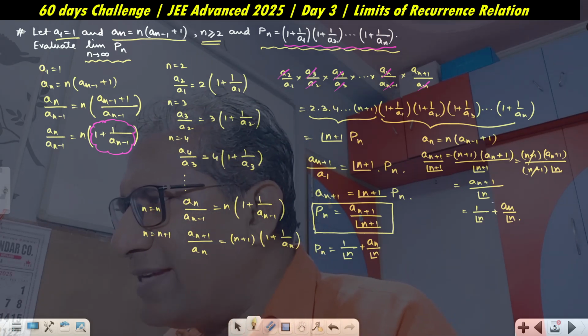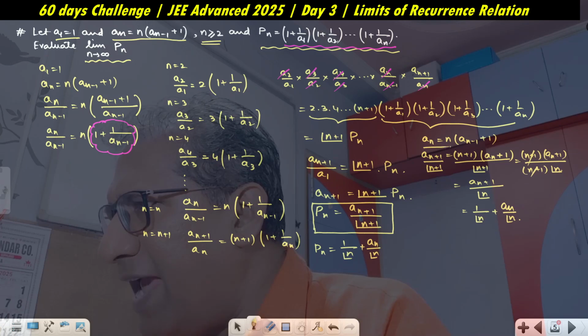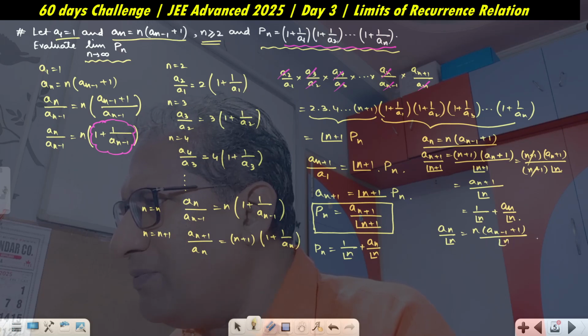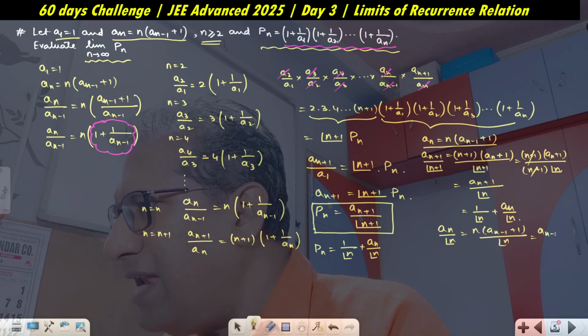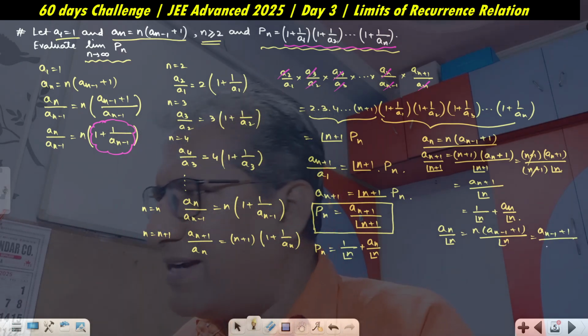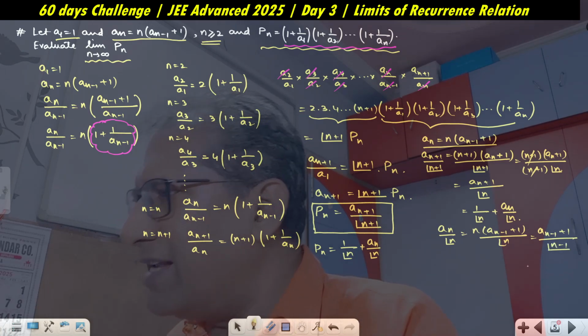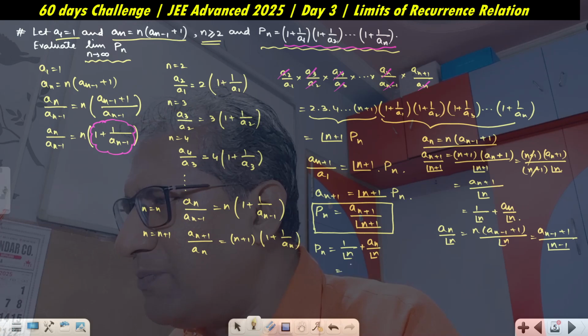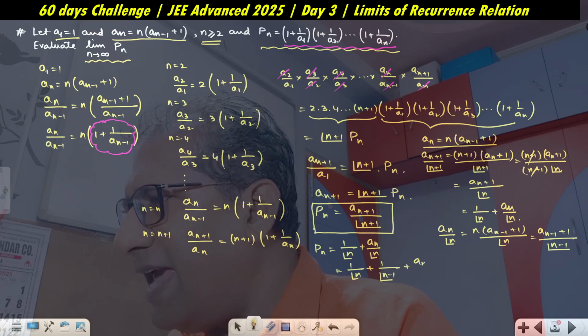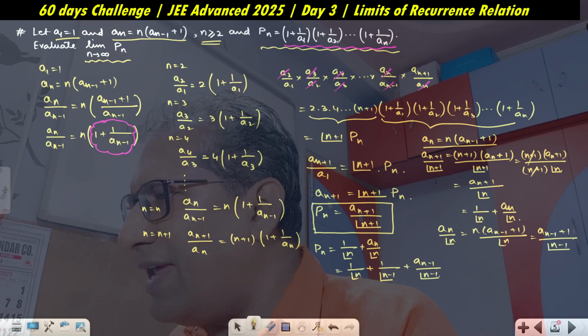Again, if we calculate, we can easily see we are having an is this. So what will be an over factorial n? This will be an minus 1 plus 1 divided by factorial n. So that gives us what? An minus 1 plus 1 divided by factorial n can be written as n into factorial n minus 1, so it is only n minus 1 factorial. So this can be written as 1 over n minus 1 factorial plus an minus 1 over factorial n minus 1.